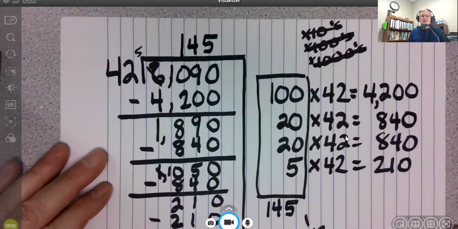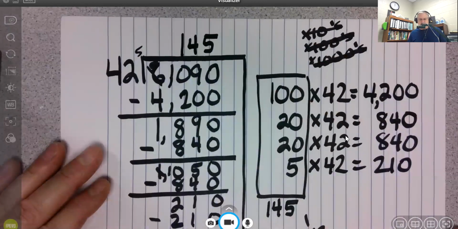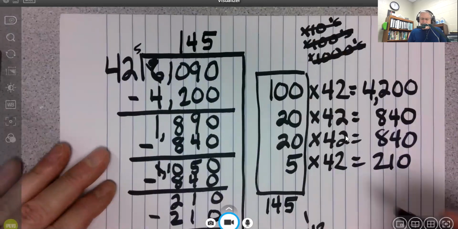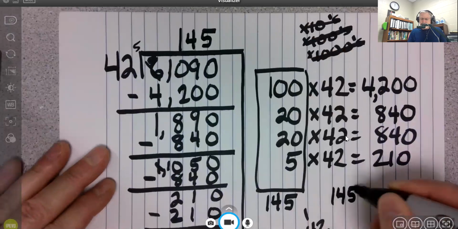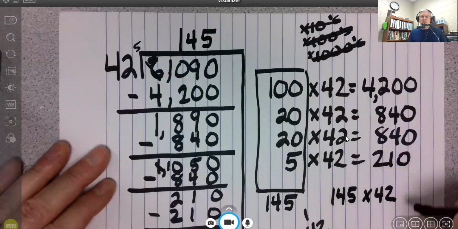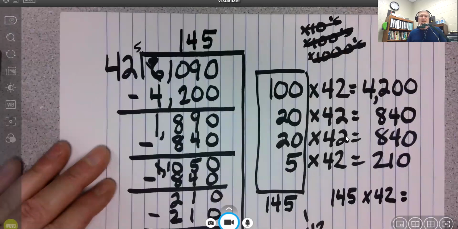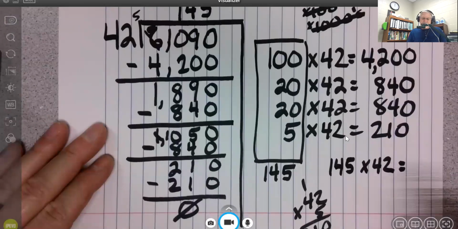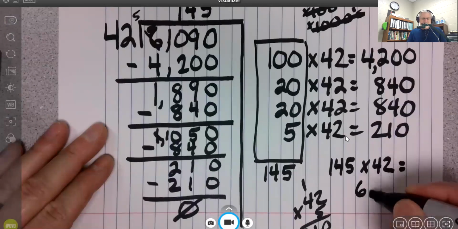And again, that is my quotient. How can I check my answer? Well, I would multiply 145 times 42. And I did that already, and that equals 6,090.